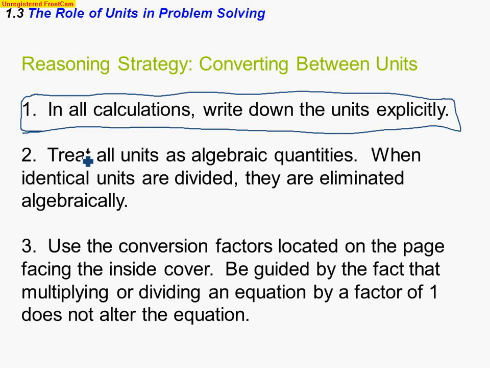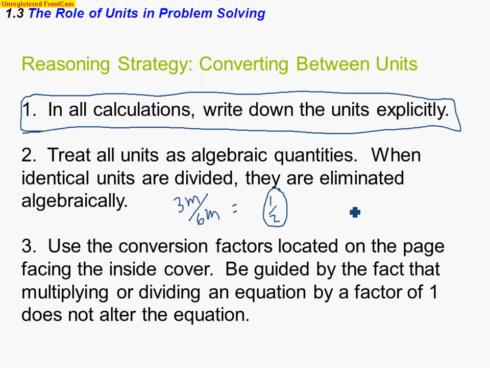So treat all of the units as algebraic quantities. That means that if identical units get divided by each other, they get canceled out. So for instance, if you have 3 meters divided by 6 meters, your answer would just be 1/2, and the units would go away. So this would be a unitless number.